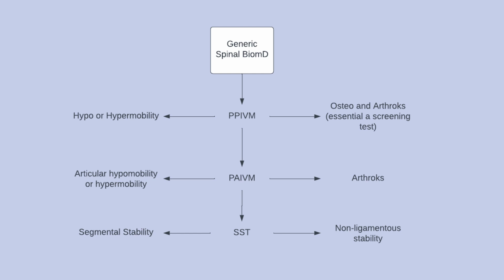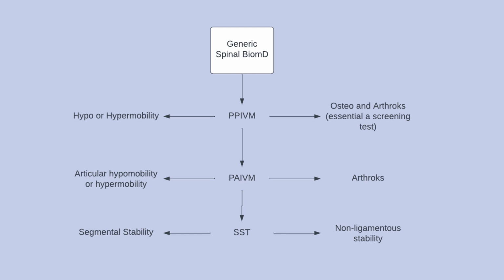You really don't need to use the PAIVM for hypermobility, but hypermobility will show up with the PAIVM. But you can feel the hypermobility with the PPIVM, and that's always articular and muscular. So this is really for testing which type of hypomobility you're dealing with, articular or extra-articular.